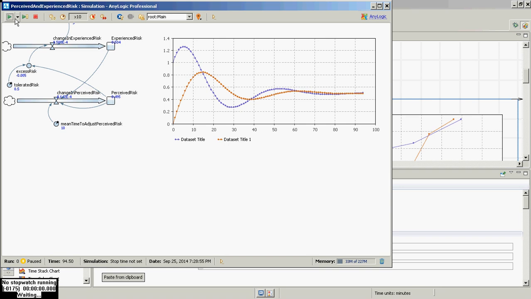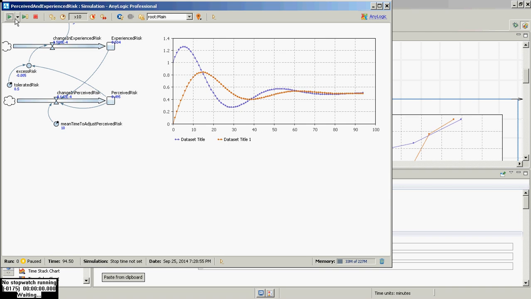Do you folks recognize this from last time? This is the same thing we had last time, except instead of a variable called target, we have just experience risk substituted in. Do you remember that? So instead of having target minus perceived risk as the basis for the flow, it's experience risk. So experience risk is serving as the target for perceived risk. Perceived risk is a delayed version of target.